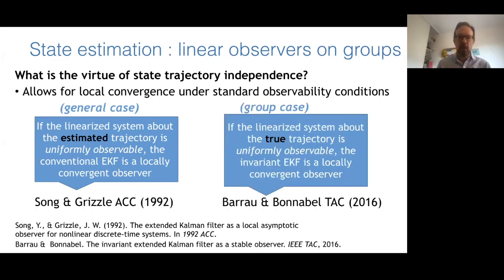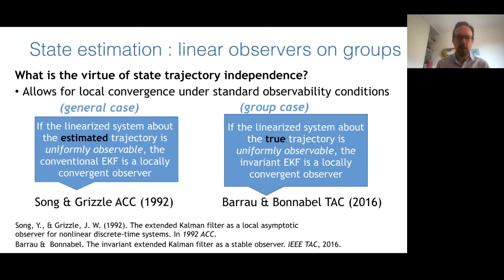And for the group case, using, among other properties, the state trajectory independence of the Jacobians, we were able to prove that the invariant EKF, for the class of systems that I have shown, the linear observed systems on groups, which is of course less general, is a convergent observer.